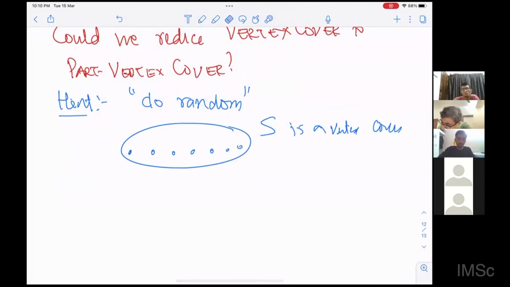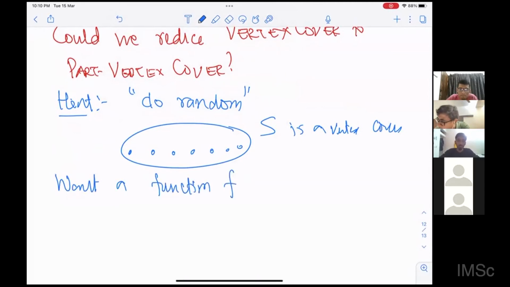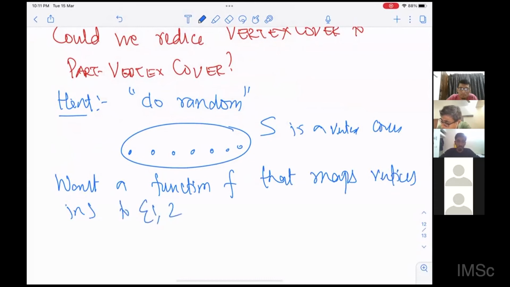I want a function f that maps vertices in S to 1 to k, injectively. Like every vertex goes to a different part.